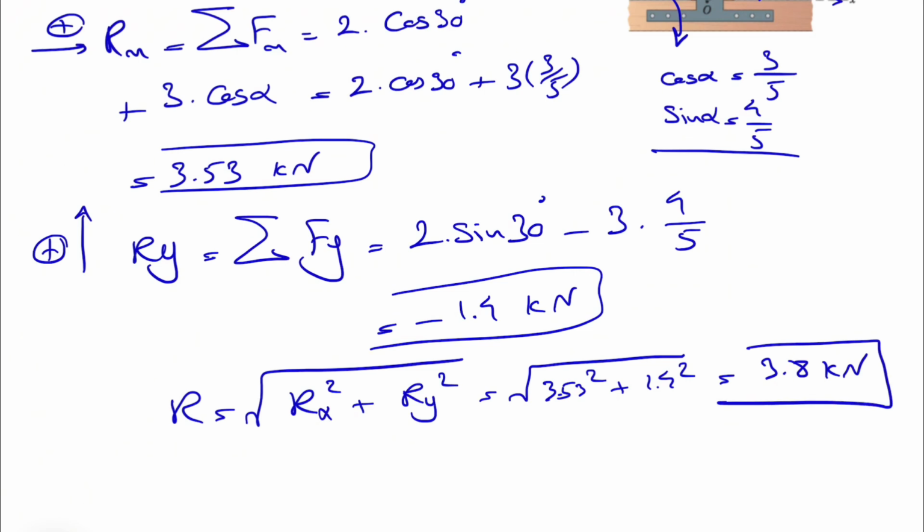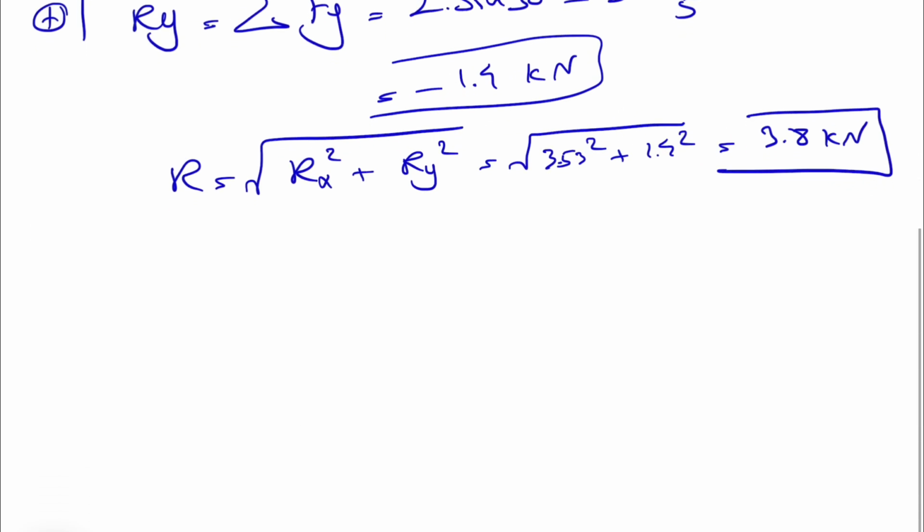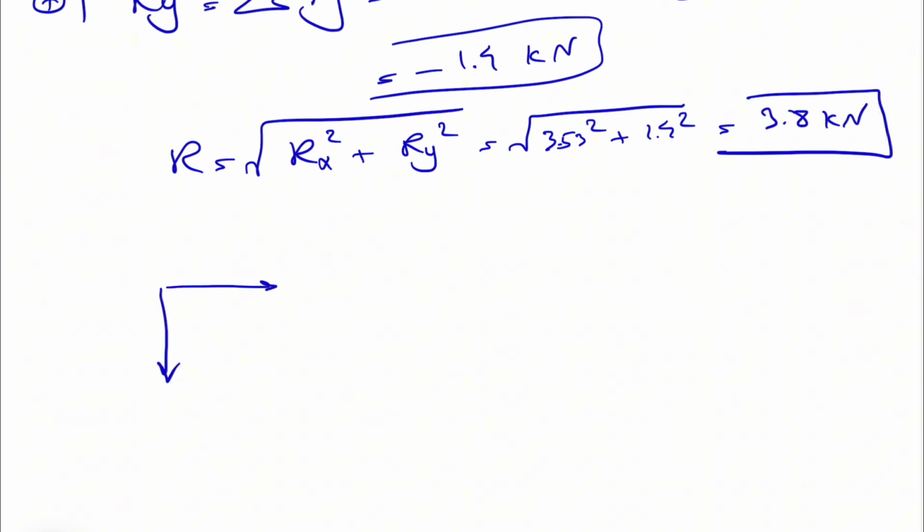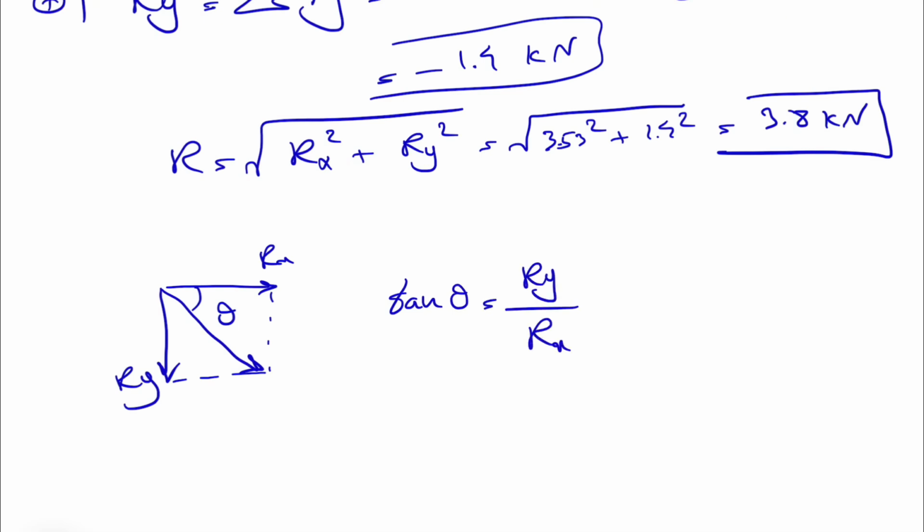To find the angle with the x-axis, we see that our R has a negative y component and a positive x component. If we call this angle theta, the angle with the positive x-axis, this will be our Ry and this will be our Rx. The tangent of theta will be Ry over Rx. Since we already accounted for the direction in our figure, we don't need to worry about the sign.